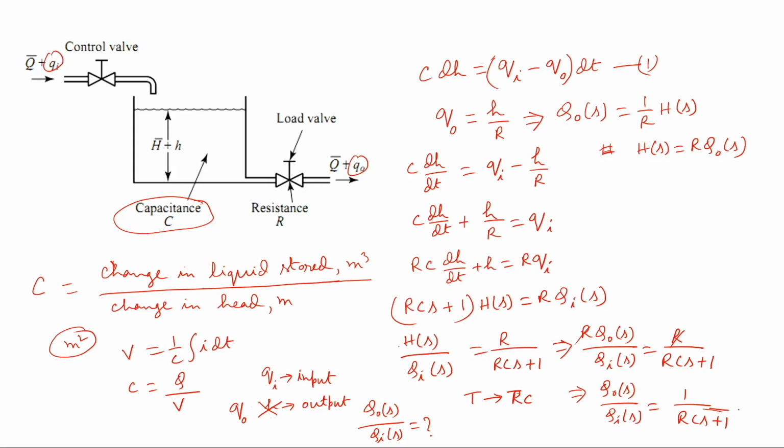And if you consider the other as the output, then that will be your transfer function. So this is the case of a single tank system, when liquid spouts through the single tank, and these are the corresponding equations.